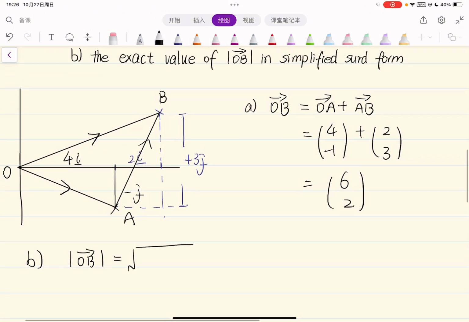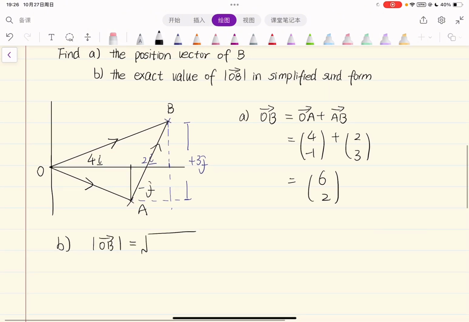So we have 6 squared plus 2 squared, that equals the square root of 40, and it asks you to write in simplified surd form. So the square root of 40 equals 2 times the square root of 10. So that is the answer.